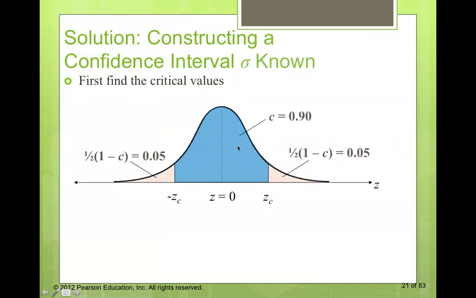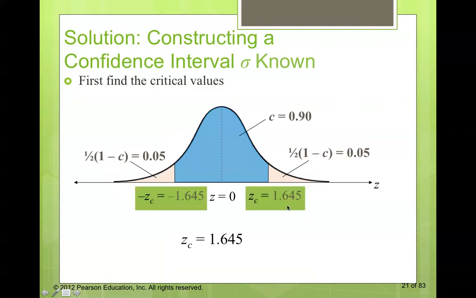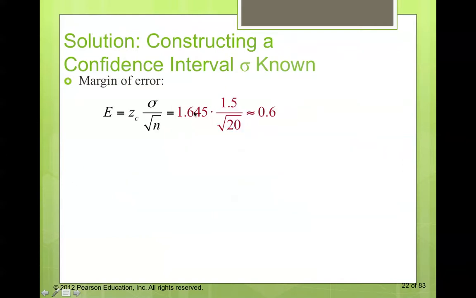So first thing, I figure out what is my right-hand side. So I have 90%. So what's left over from that is 1 minus 0.10 and divide by 2. So that gives me the area that I can type into norm.s.inverse, which will give me a z-score of 1.645. Once I get that 1.645, I can plug it into the error formula and continue moving with the problem. So it's 1.645 times 1.5 divided by the square root of 20, which was all given to me in the problem.